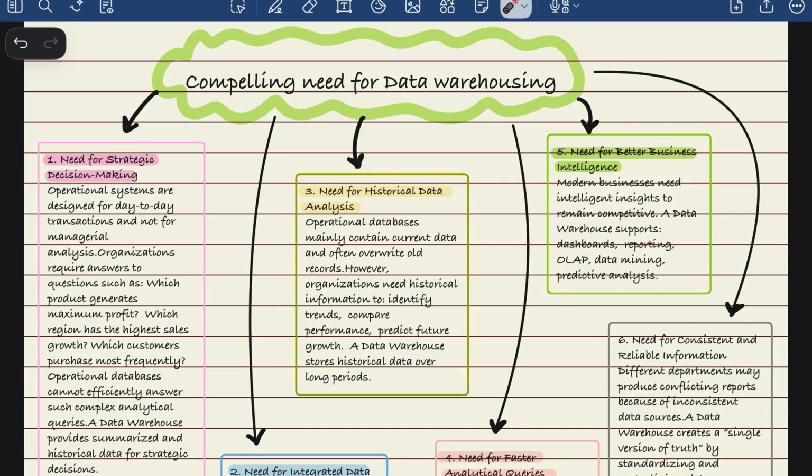The number 9 is all about organizational performance. That is the need for improved organizational performance. So a data warehouse doesn't just look at sales, it also tracks the internal metrics of a company or an organization. You would also need data about your employees, right? Not just how much sales you are producing, how much business you are bringing in.